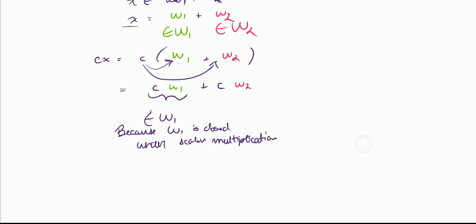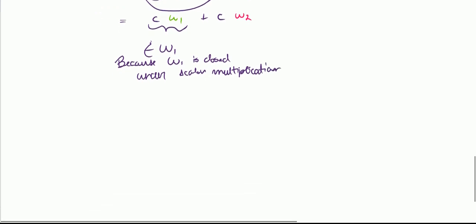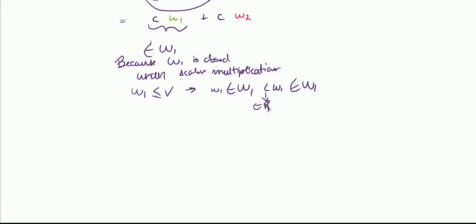Because W1 is a subspace of V, the third condition, which is that W1 is closed under scalar multiplication, holds. So for any w1 in big W1, c times w1, where c is a scalar, will also belong to W1. This is just by definition of a subspace.